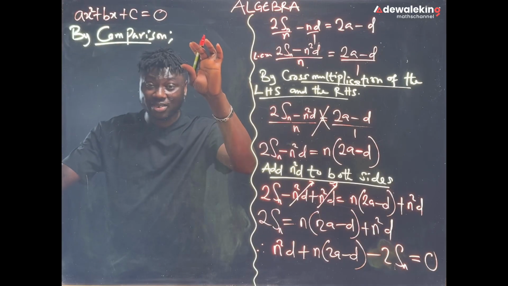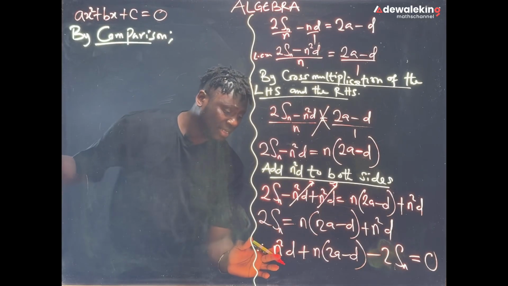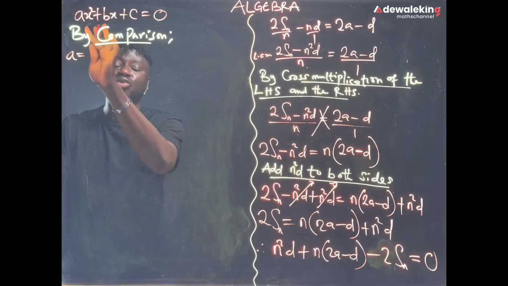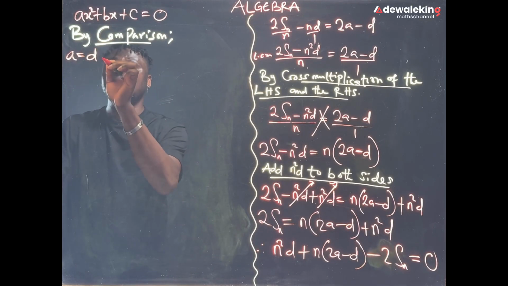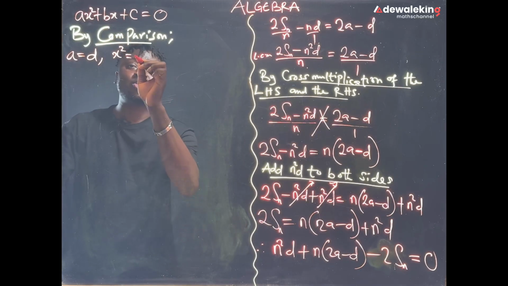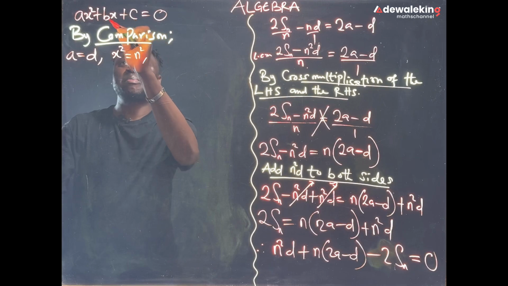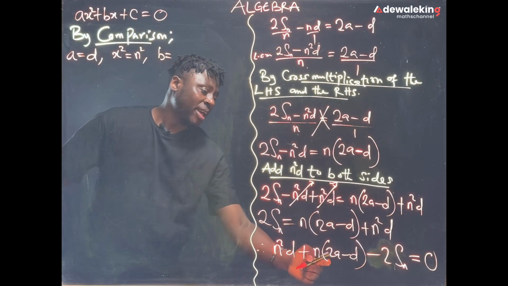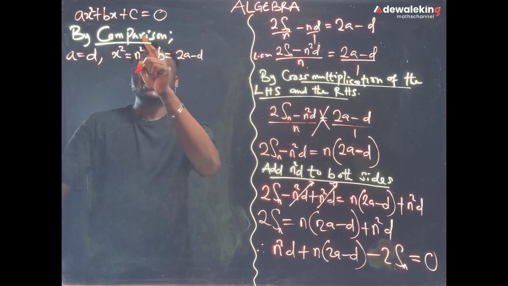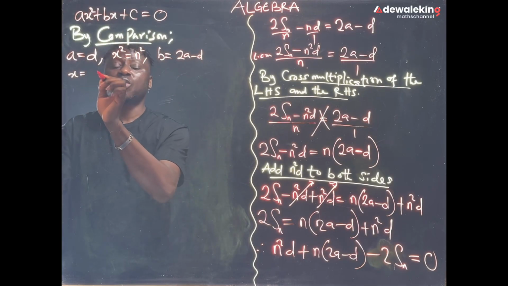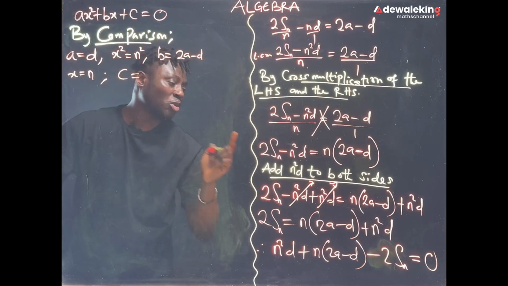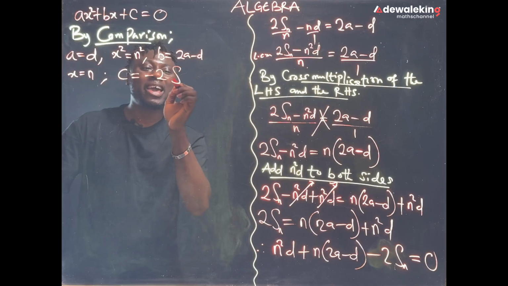So by comparison, we have that this represents x squared. So you can say a is equal to d, as x squared is equal to n squared, b is equal to 2a minus d, x is equal to n, and c is equal to minus 2S subscript n.